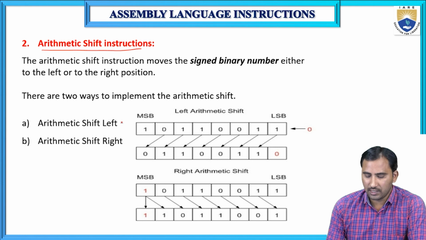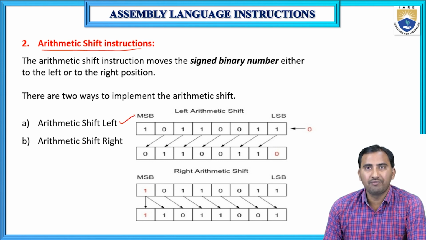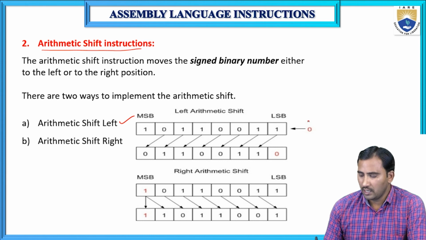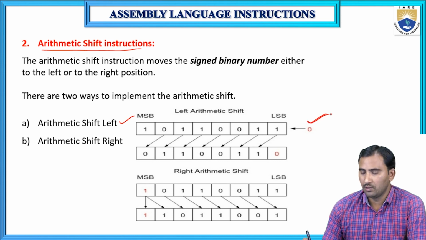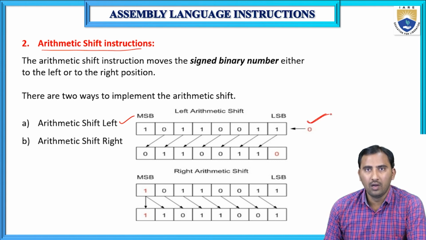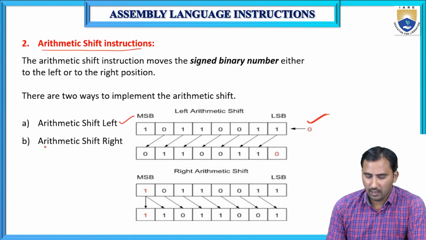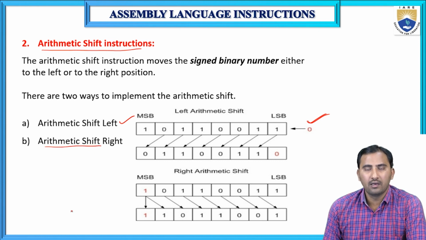So first one is arithmetic shift left. So this arithmetic shift left operation, it is similar to the logical shift left operation. So there is no difference. It is similar to the logical shift left. And coming to the another one, arithmetic shift right.